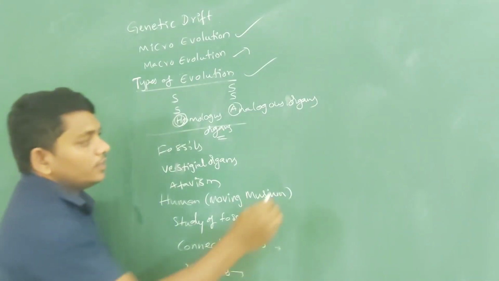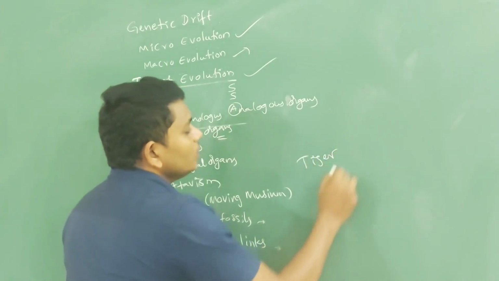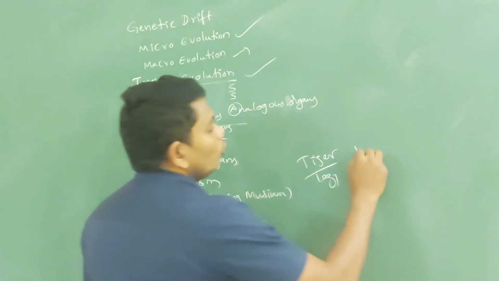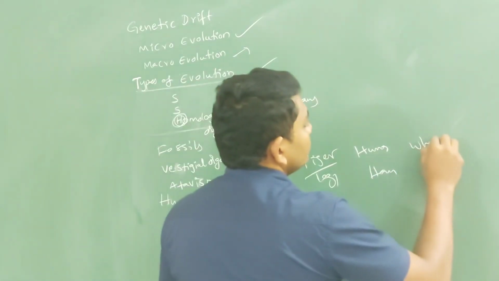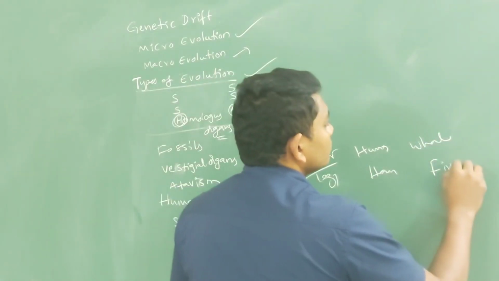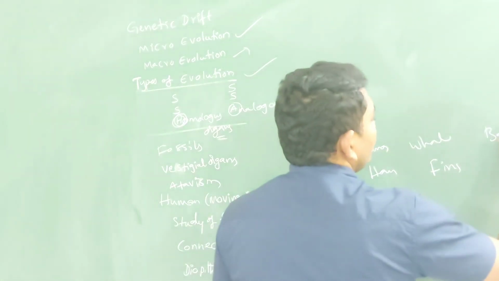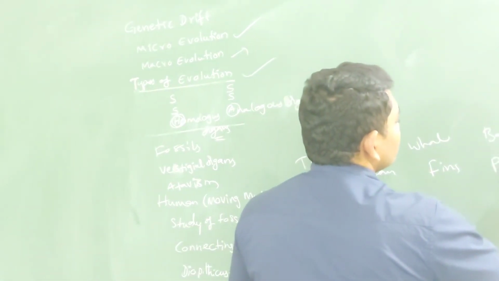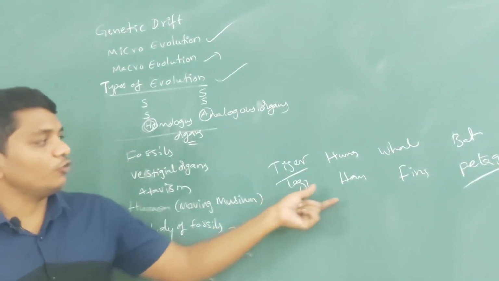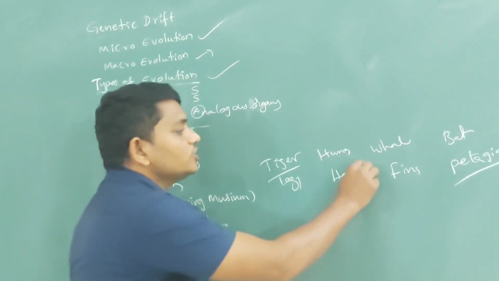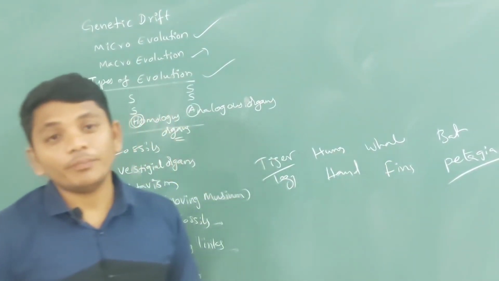For example, the tiger's legs, human hand, whale fins, and bat patagia. The internal structure of the tiger leg, human hand, whale fins and bat patagia is the same.